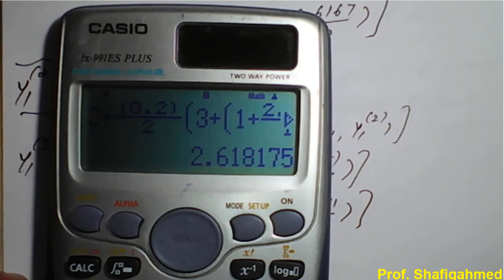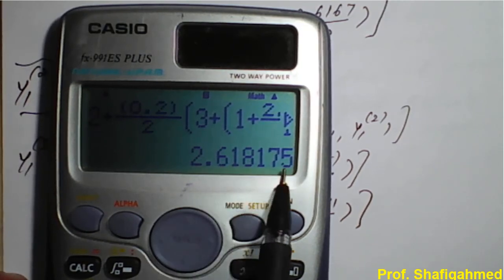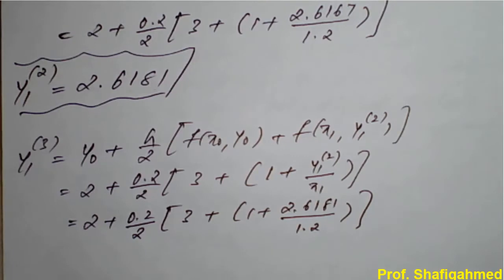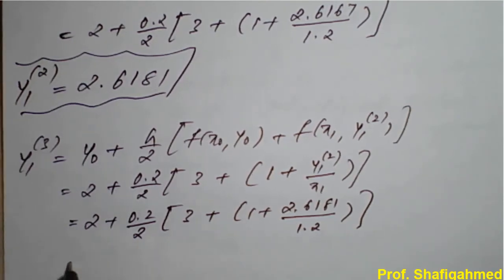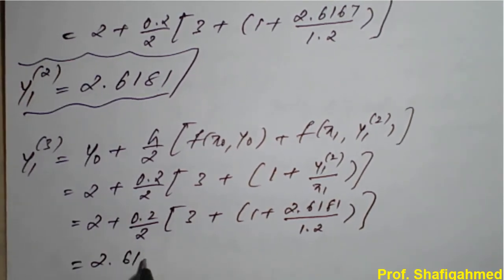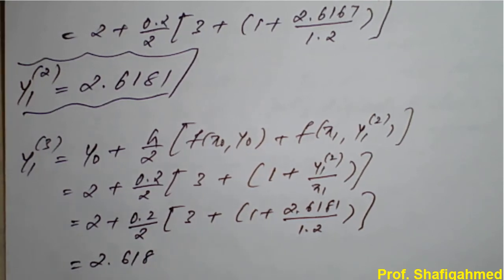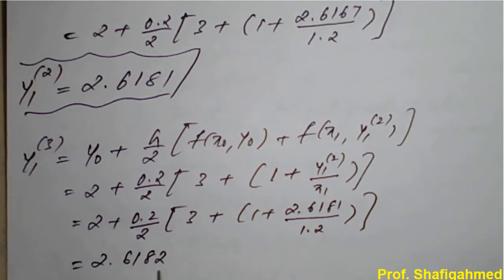So we'll get the answer. It is 2.61817. So I will write it here. So the answer we got is 2.61817. We are getting 7, so rounding up it will be 2.6182.